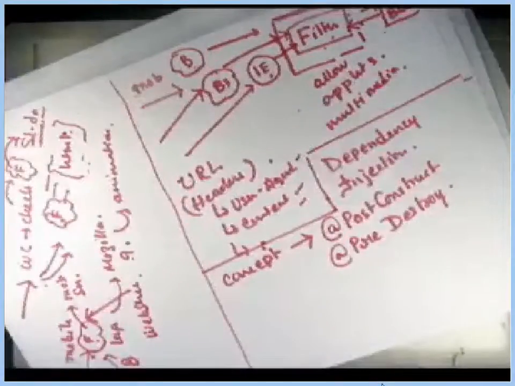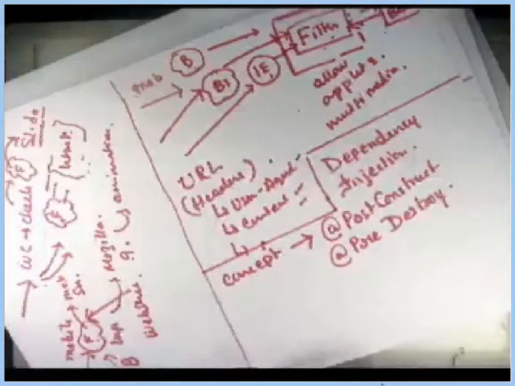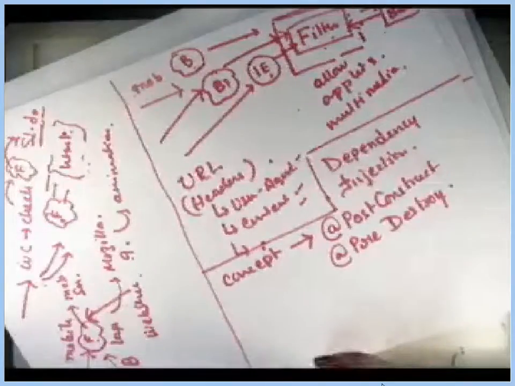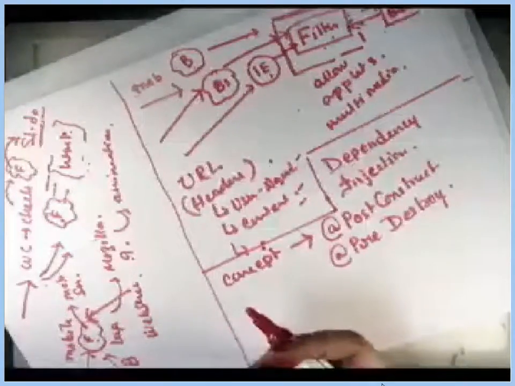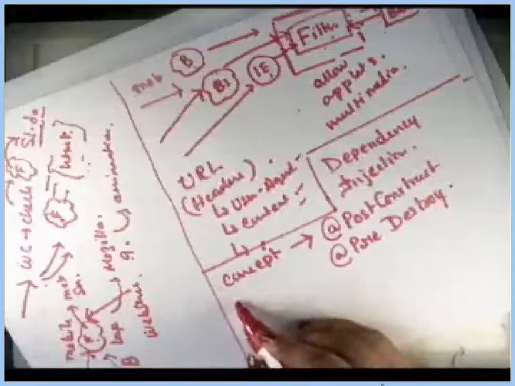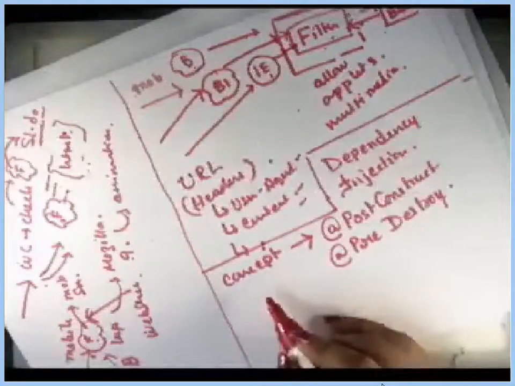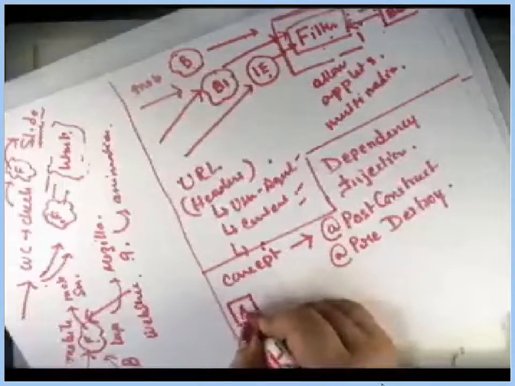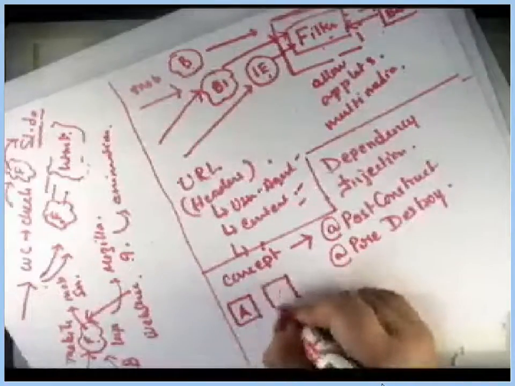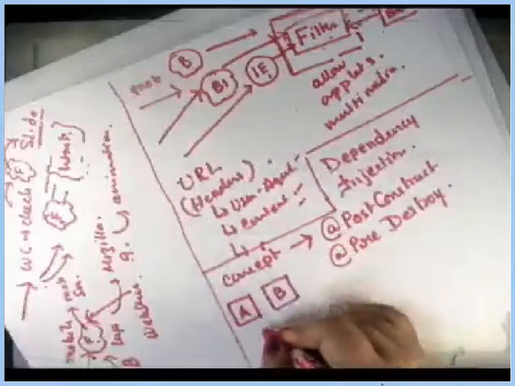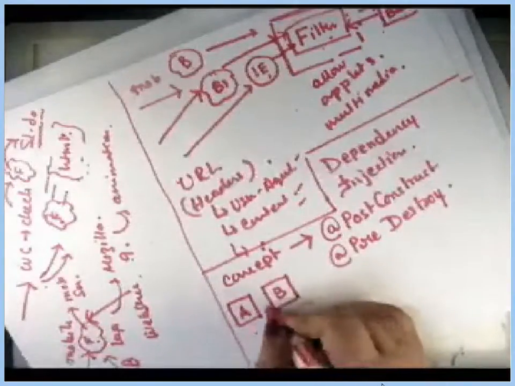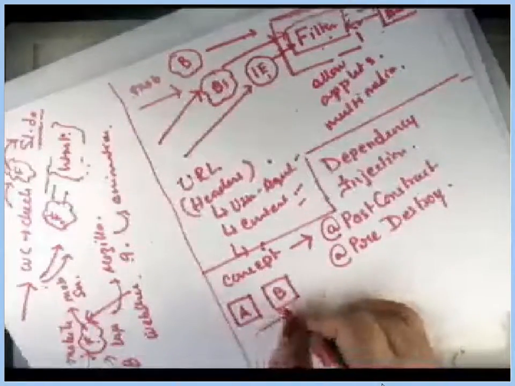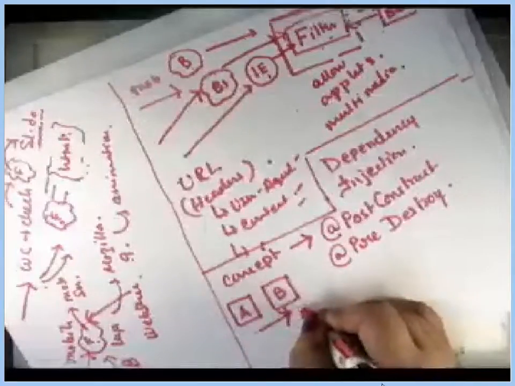Right? Now have a look at this: dependency injection is required because earlier, whenever we created classes and objects of the classes, there were situations where my class had a relationship with another class in a very strict manner. Let me repeat. Say I have created a class A in Java, and another class, class B. Now I am saying that class A can only work if it has objects of class B. Class A will use the objects of class B, and only then can it give the final output.